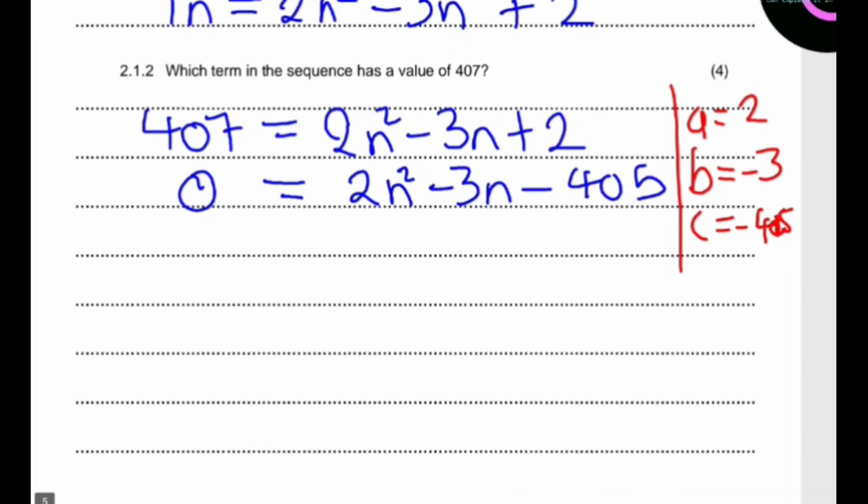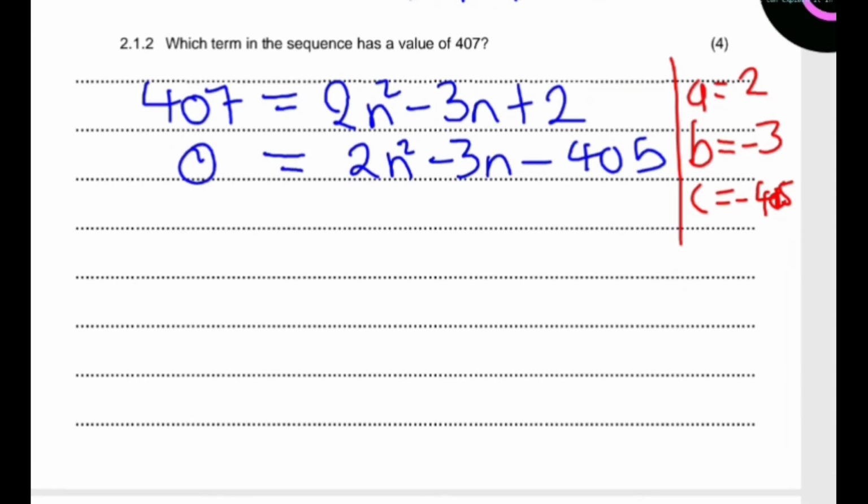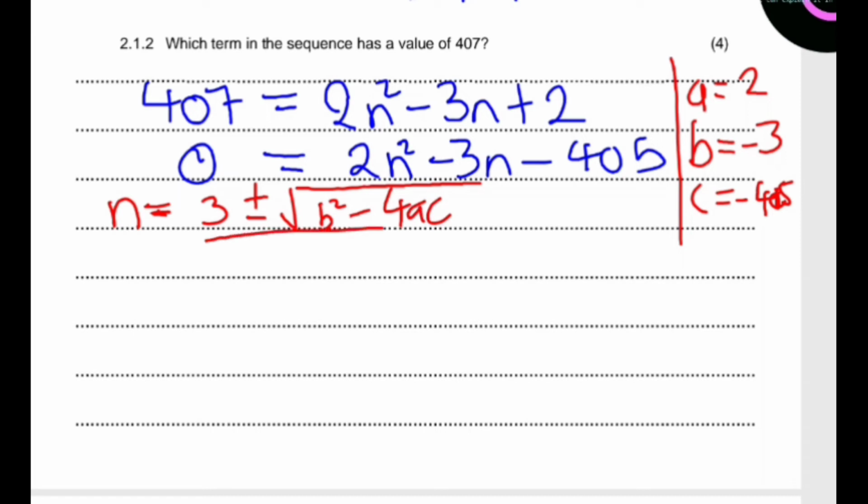So to use the formula, we say n, but normally we use x, but this time we can also use it for n. So we can actually say n equals, what is the b value? Minus 3. So it's going to be 3 plus or minus the square root of b squared minus 4ac all over 2a.